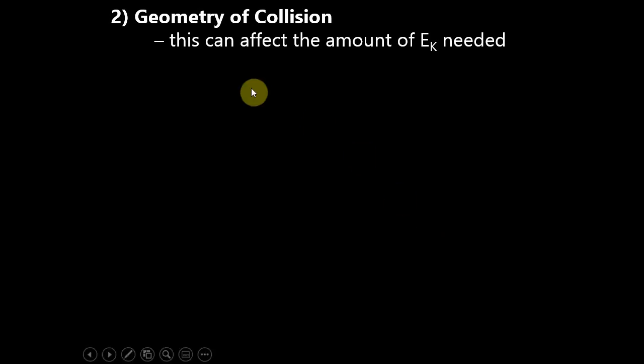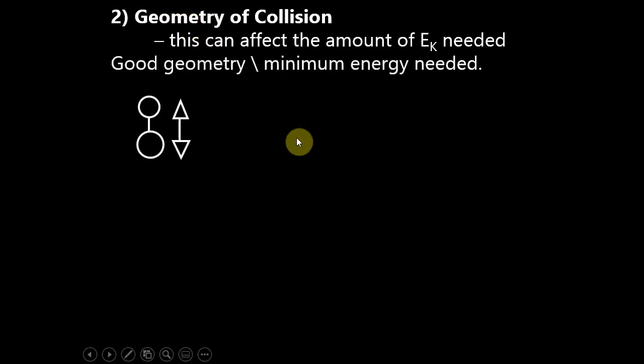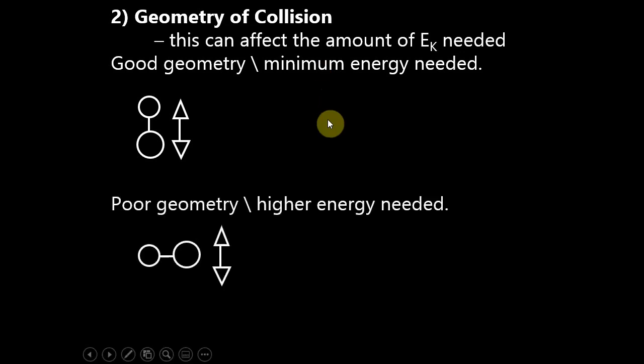The second thing is that those collisions sometimes have to occur in such a way that the geometry is correct. Because if the geometry isn't correct, then basically the molecules just bounce off of each other. So if we have good geometry, then we end up needing the least amount of kinetic energy possible, and we get a successful collision.